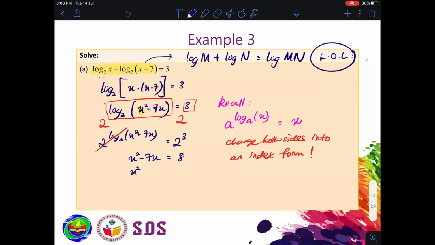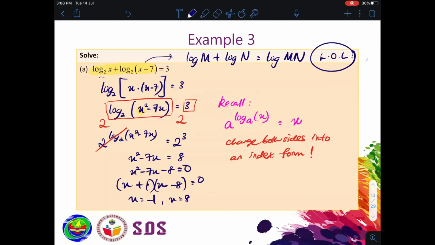Therefore, x squared minus 7x minus 8 equals 0, and hence you factorize it out. It gives you either -1 or 8.